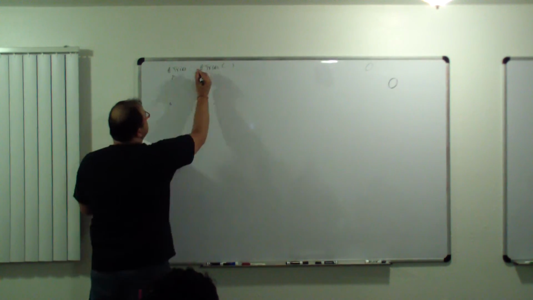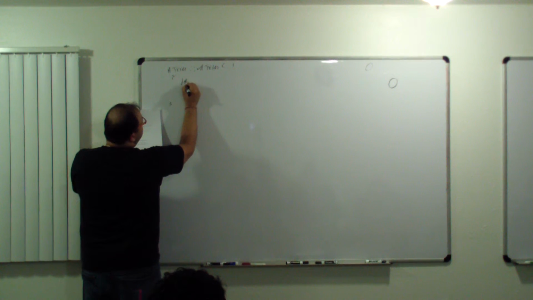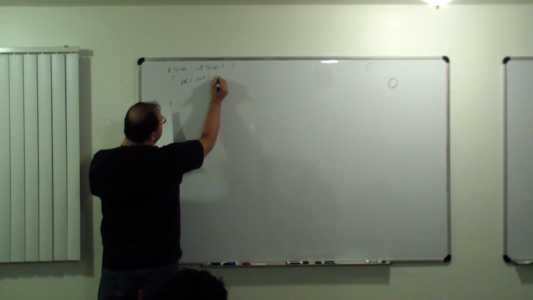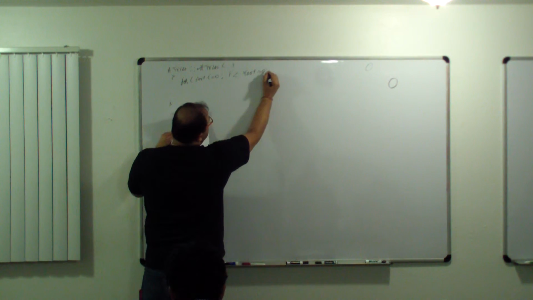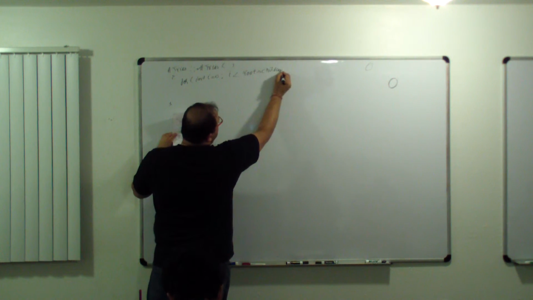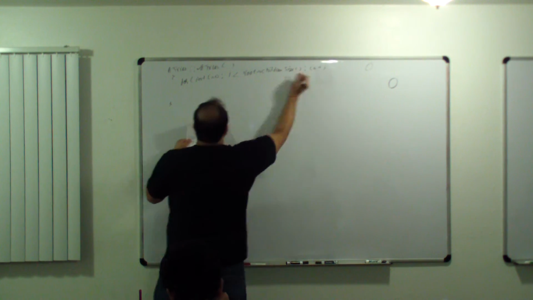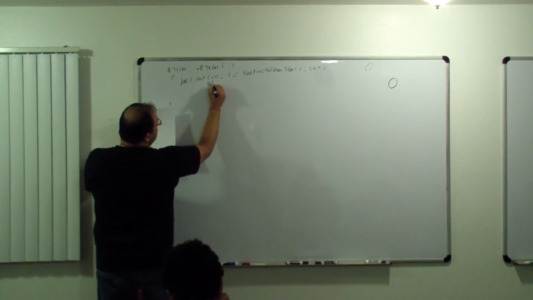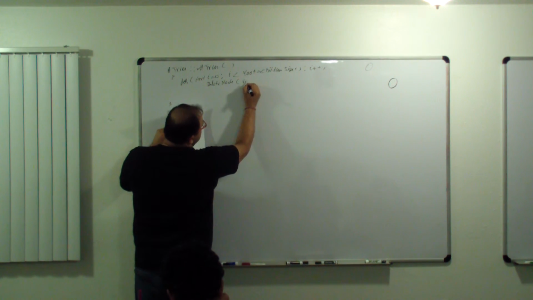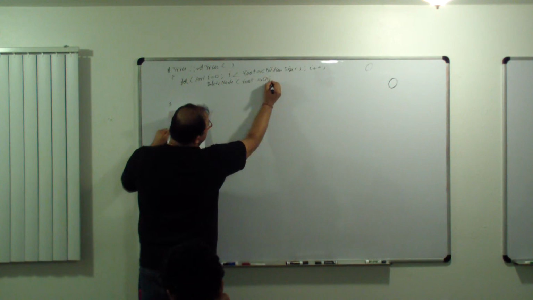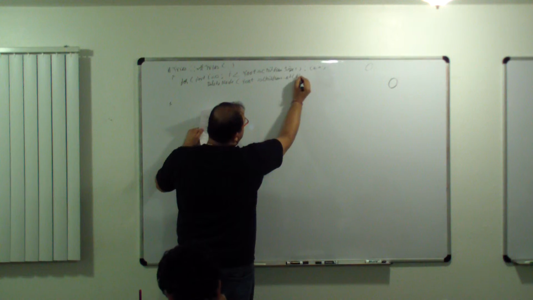The destructor: for integer i equal to 0, i less than root arrow children dot size, i plus plus, call deleteNode of root arrow children dot at i.